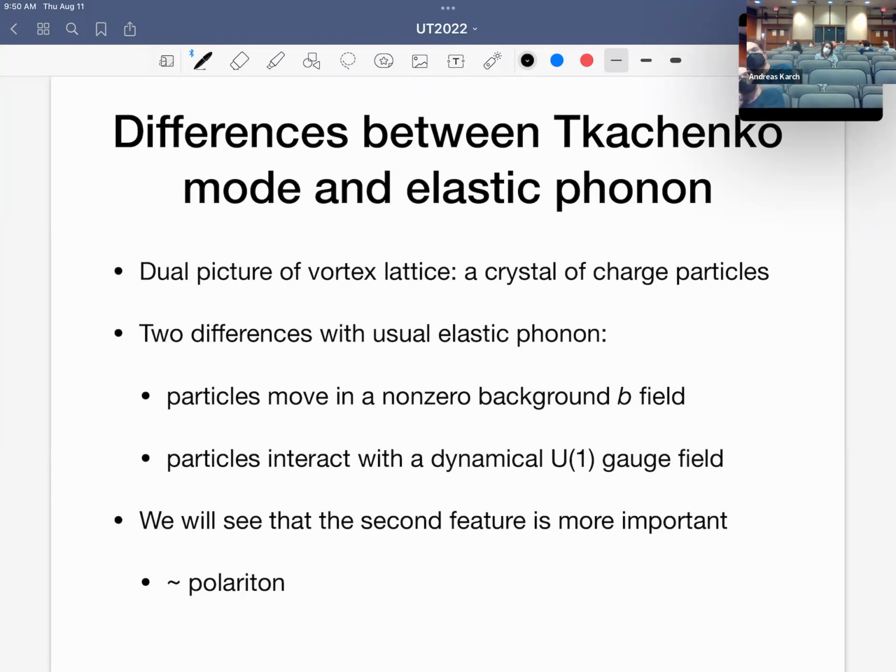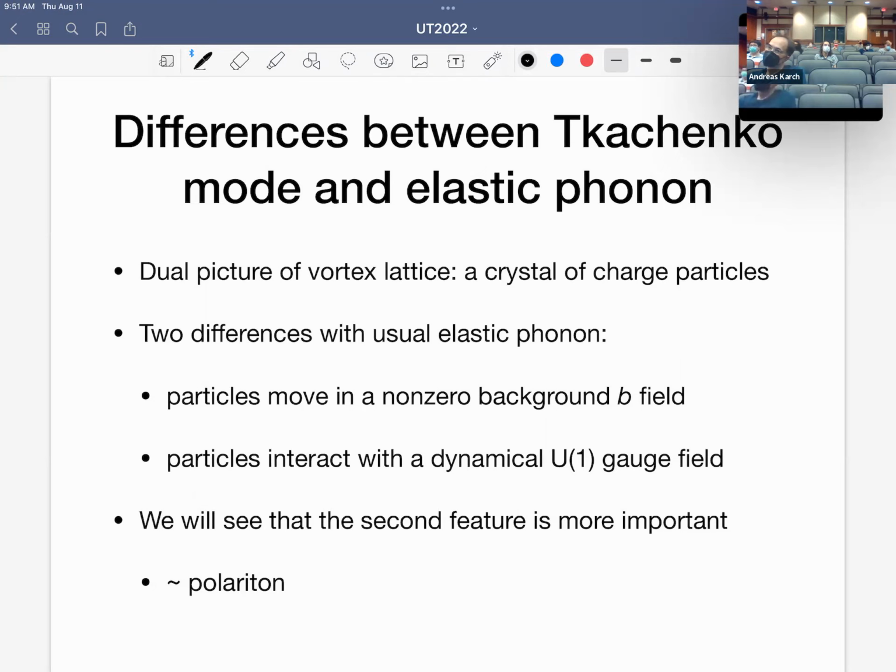That means that there is the phenomenon of the Magnus force: when you have the motion of a particle in a certain direction caused by a force acting in the perpendicular direction. So this magnetic field from the previous transparency is just the density of the superfluid. So this is one difference. The second difference is that these particles interact with each other through the U(1) gauge field, the photon.